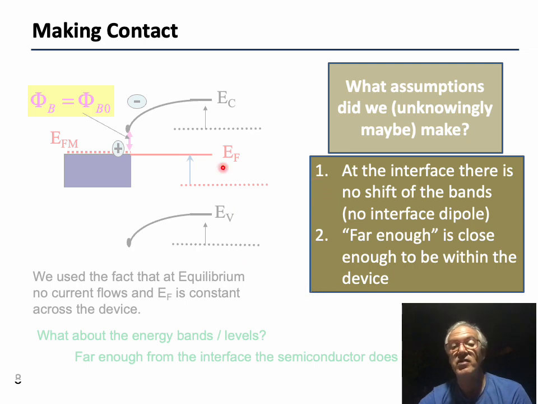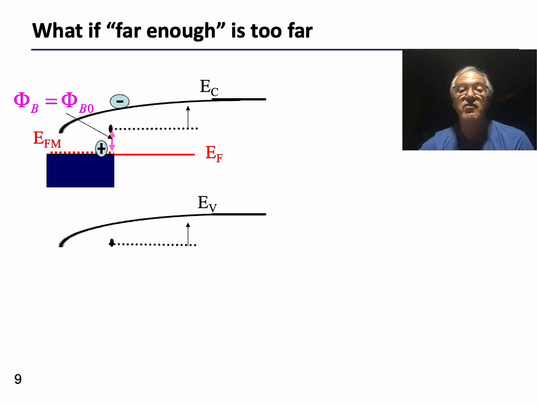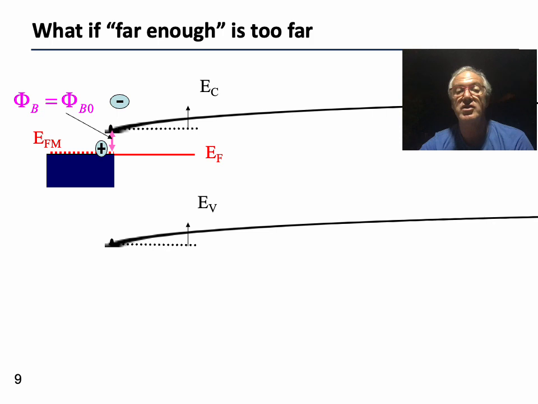But sometimes devices are small and this doesn't really hold, and we really need to solve and consider the contacts on both sides, or to find out what are the conditions at the other interface which we have ignored so far. So if you like, graphically we can look at what will happen if far is too far.